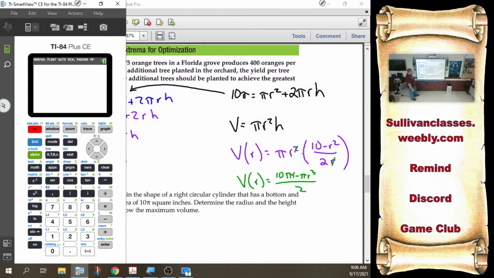So y is, I'll even plug in the original. Okay, clear. Pi r squared, I have to use x, parenthesis, alpha y equals brings up a fraction, 10 minus x squared over 2x.